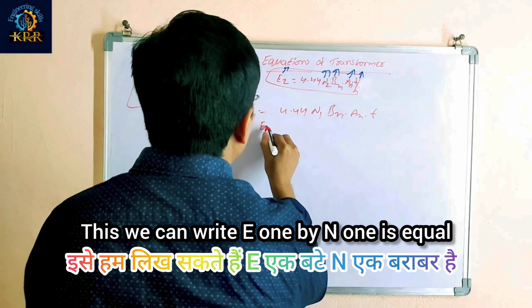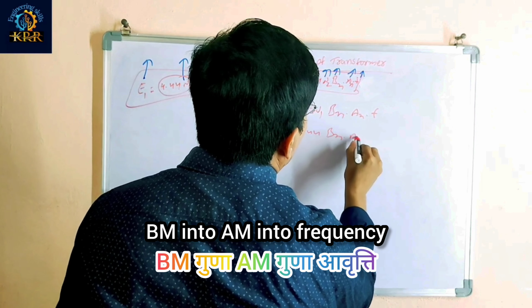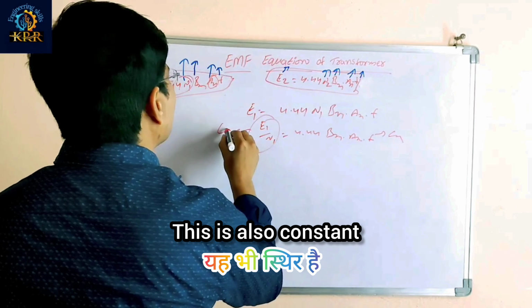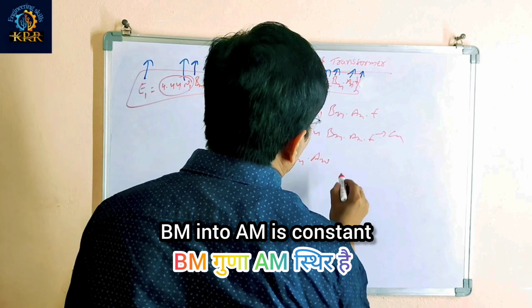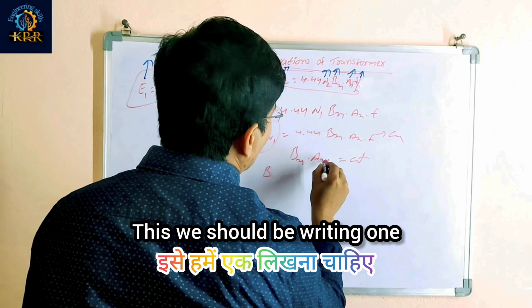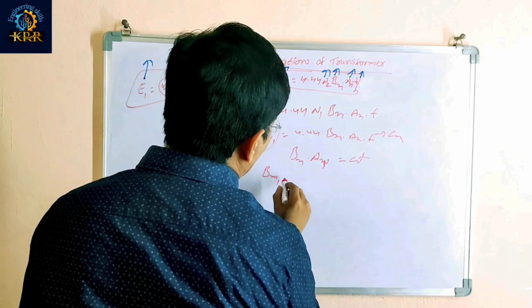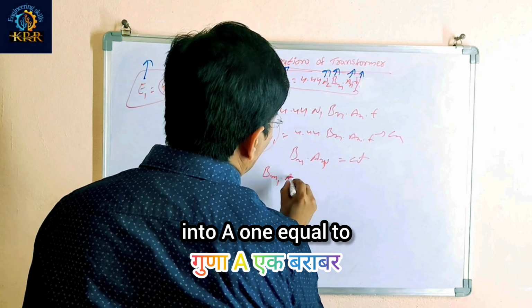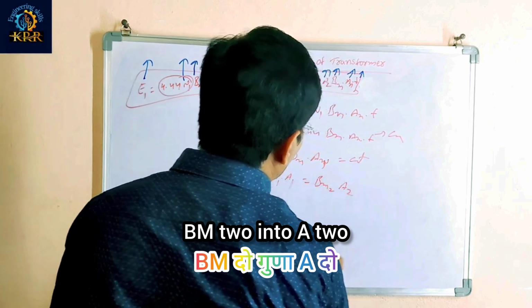We can write E1 by N1 is equal to 4.44 Bm into An into frequency. This is constant, and this is also constant. Bm into An is constant. So we can write Bm1 into A1 equal to Bm2 into A2.